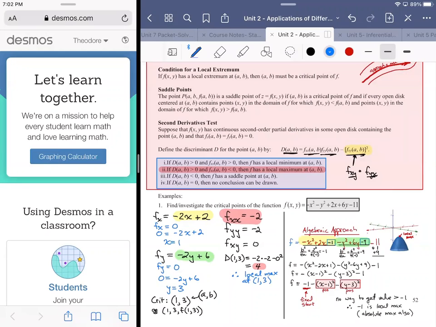But if I want to know what the actual maximum value is, that's where the f of (1, 3) comes into play. I would replace each of the x's with a 1, and each of the y's with a 3 and simplify. All right. So therefore, the local maximum is that f of (x, y) equals -1, or you could say z equals -1.